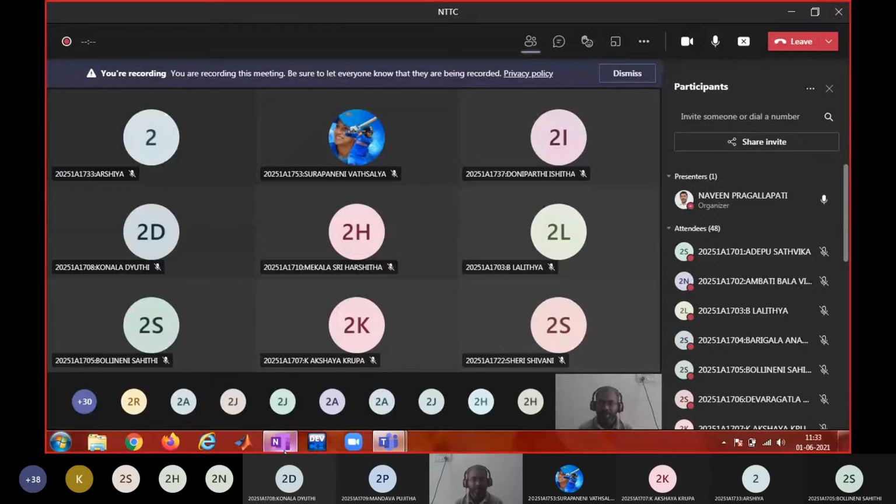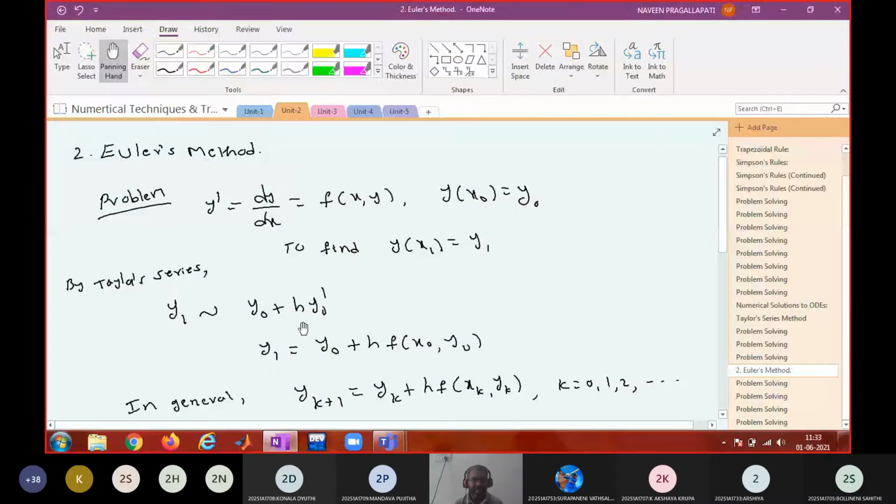So instead of writing the formula like this, we will be writing the formula like this. What is dy by dx? It is nothing but y dash. So when y dash equals f of x comma y, what will be y naught dash? y naught dash will be f of x naught comma y naught, right?